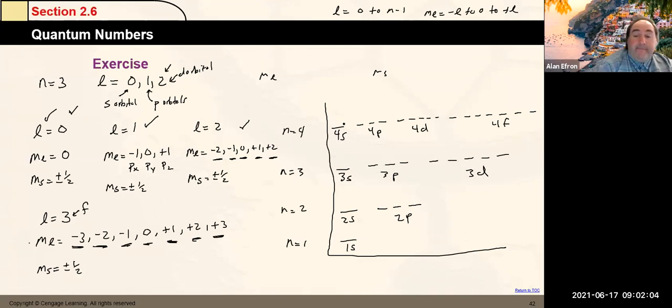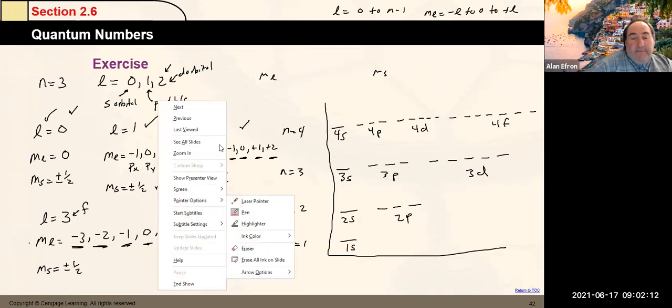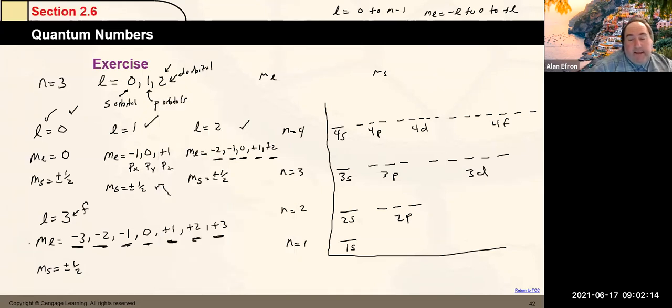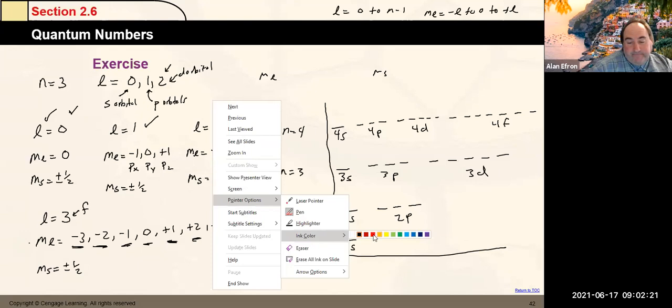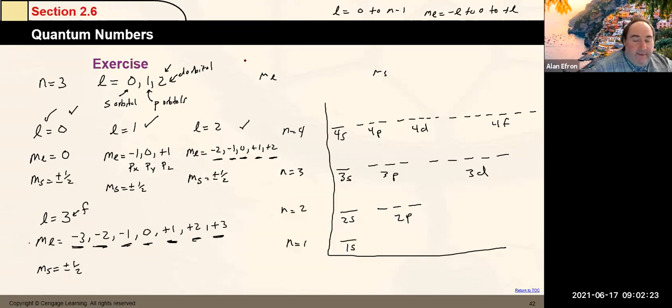Now, when we look at this, a couple of terminologies are important. When we talk about a level or a shell, we are talking about everybody that is present.